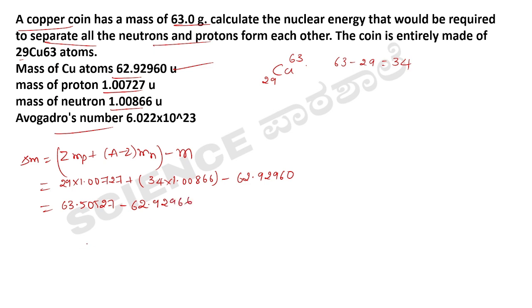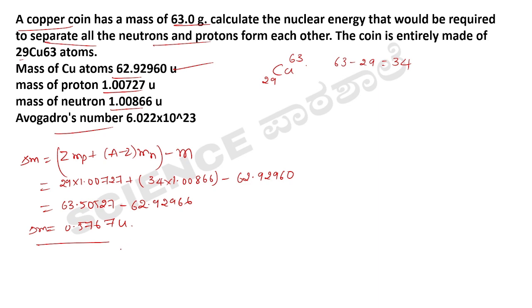It would take more time and we don't have that much time, that's why I'm writing the direct values. If you do this, you will get 0.5767 U. Clear? So this is delta M.